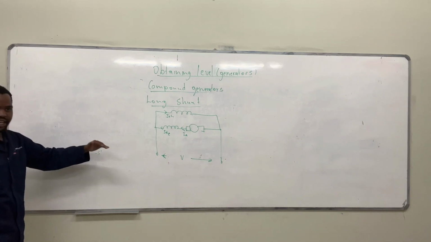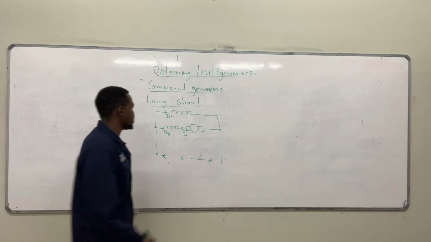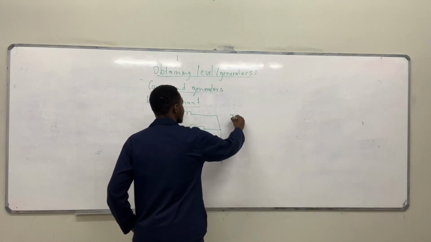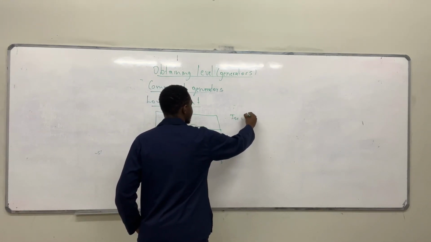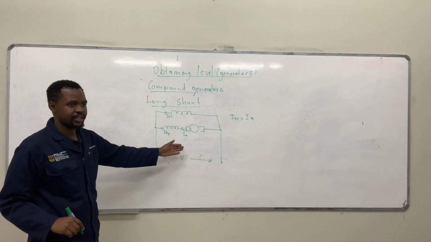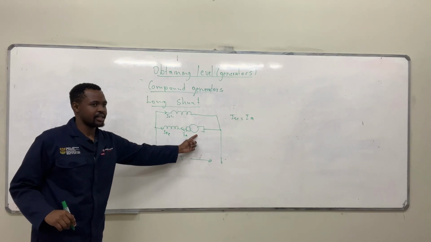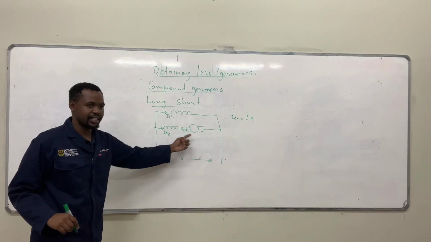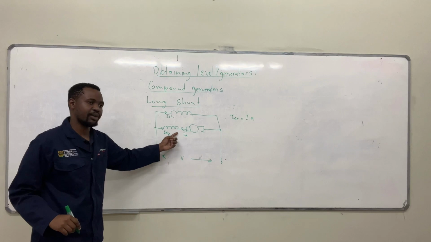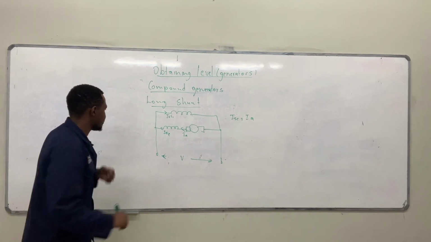Guys, look at the current. With long shunt, I series is equal to I armature. That making sense? Because the series field winding and the armature are in series.